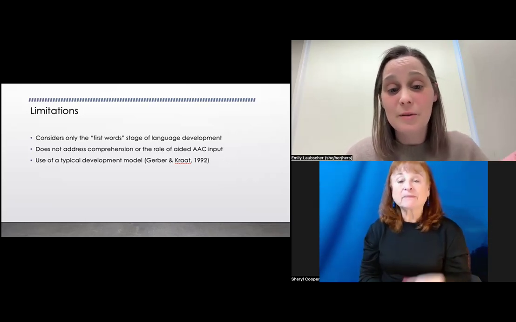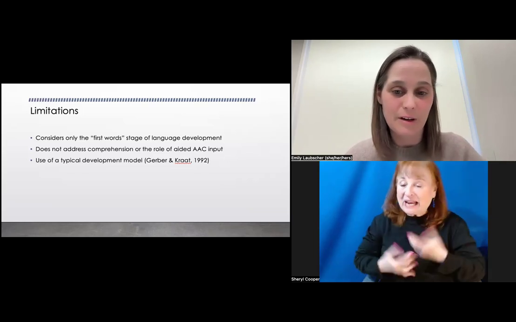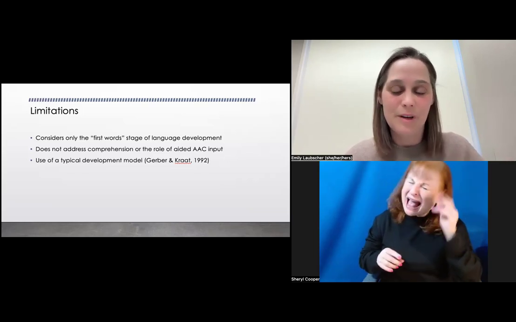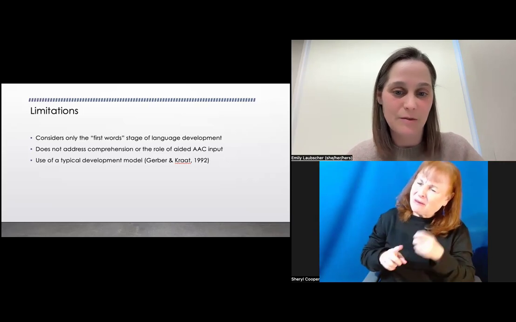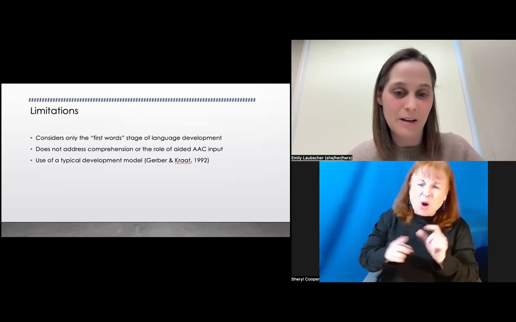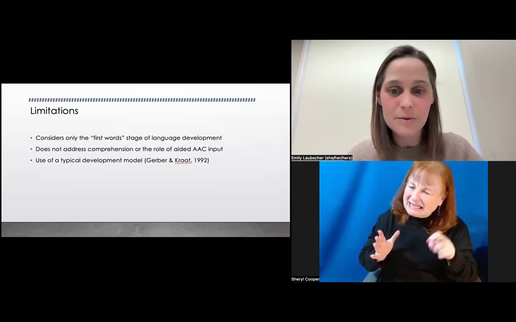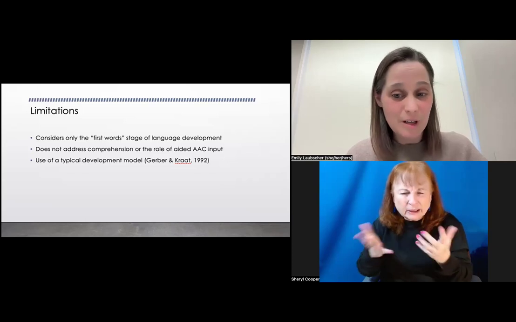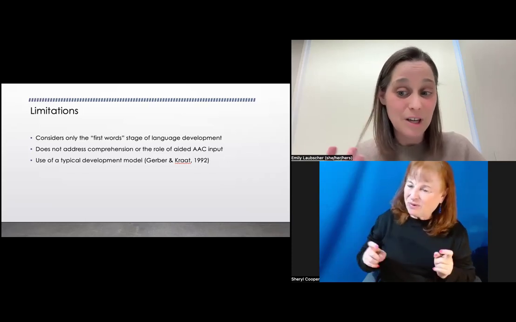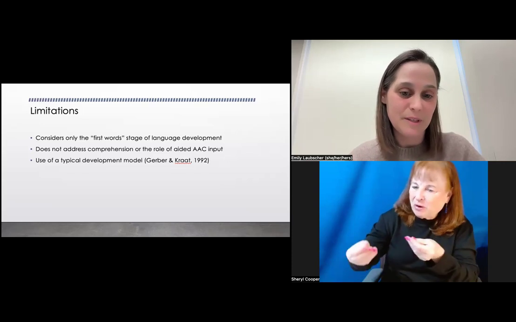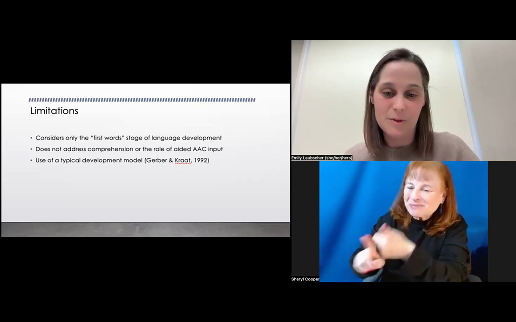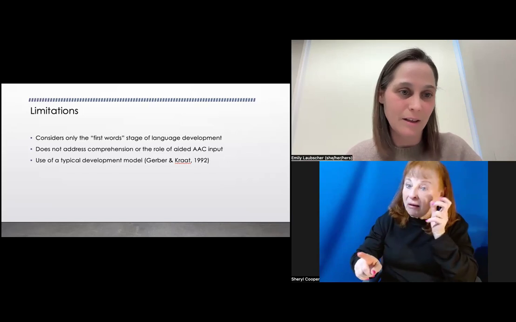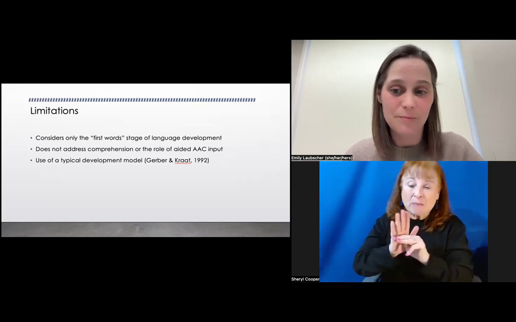This work focused only on expressive vocabulary. I thought about this issue from an expressive communication perspective. So, what words are beginning communicators likely to need and want to use? But children are typically provided with a lot of language input before they start to express themselves, whether that is spoken language input or modeling of AAC systems or both.